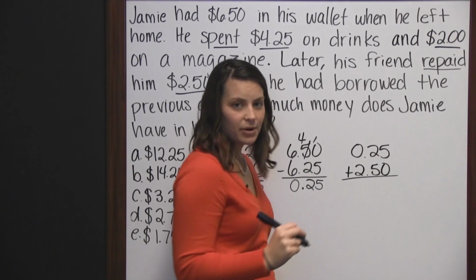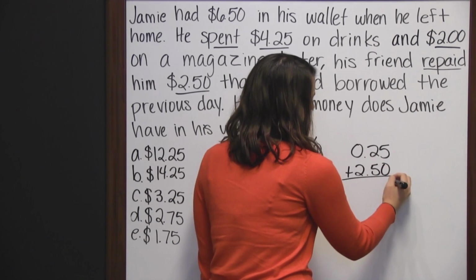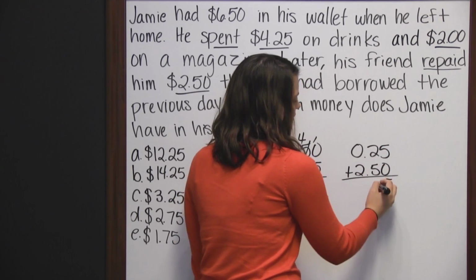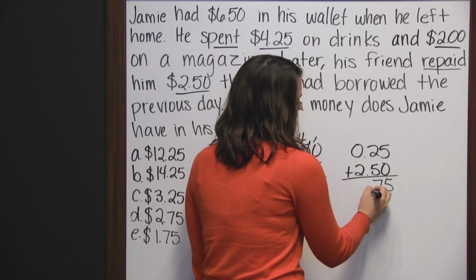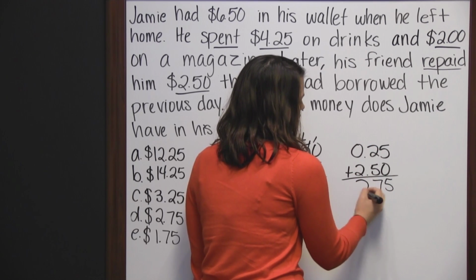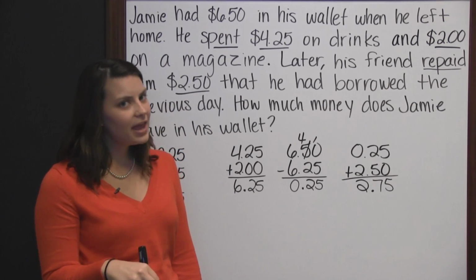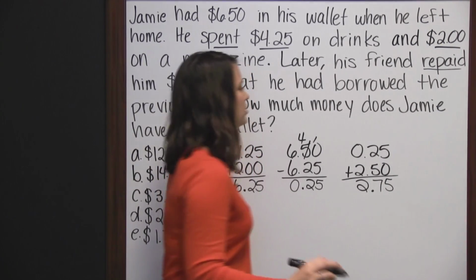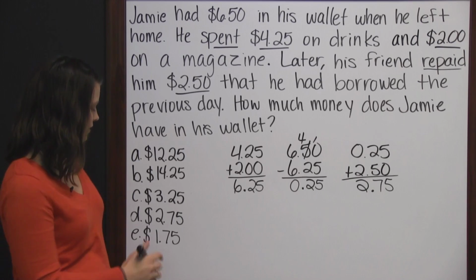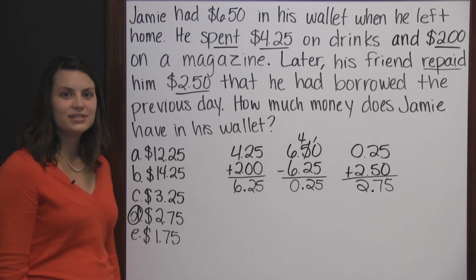And again, we line up our decimals. 5 plus 0 is 5. 2 plus 5 is 7. Bring down the decimal. 0 plus 2 is 2. So after spending money and getting repaid money, he now has a total of $2.75, which is answer D.